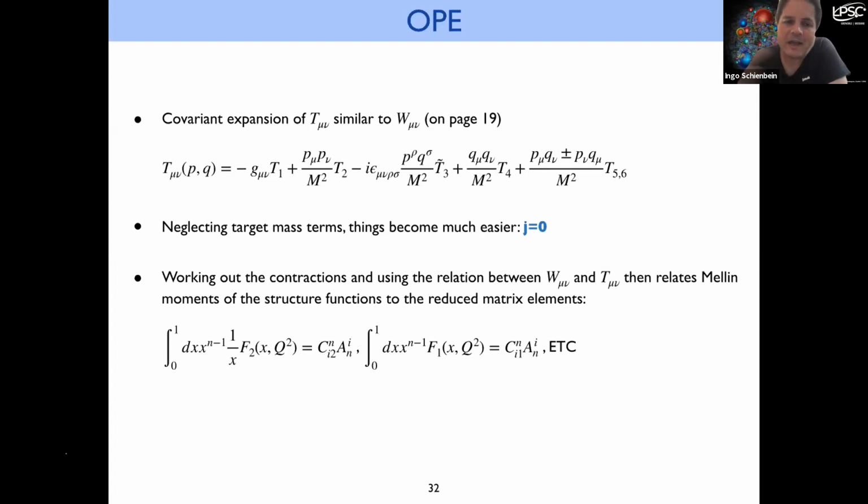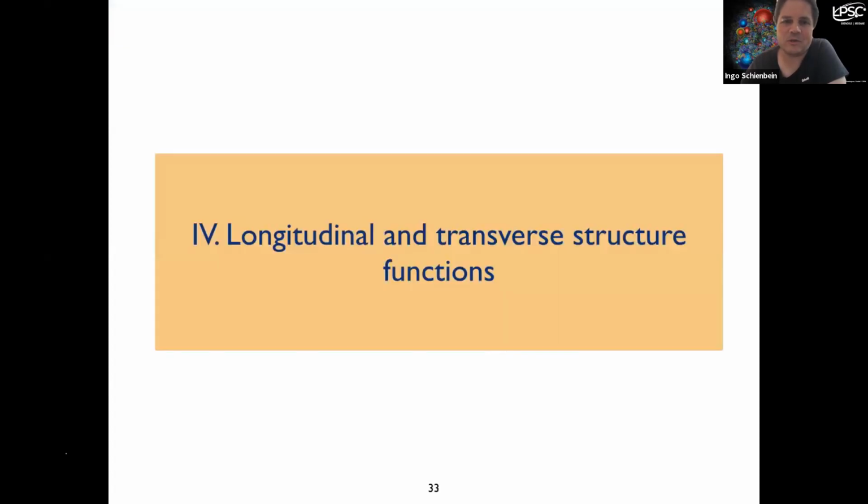It's not introduced by hand that you just do the Mellin transform, but it comes when you relate the T mu nu to the W mu nu via the optical theorem. Okay, that's the best I can say at this level of precision I have given on the OPE.